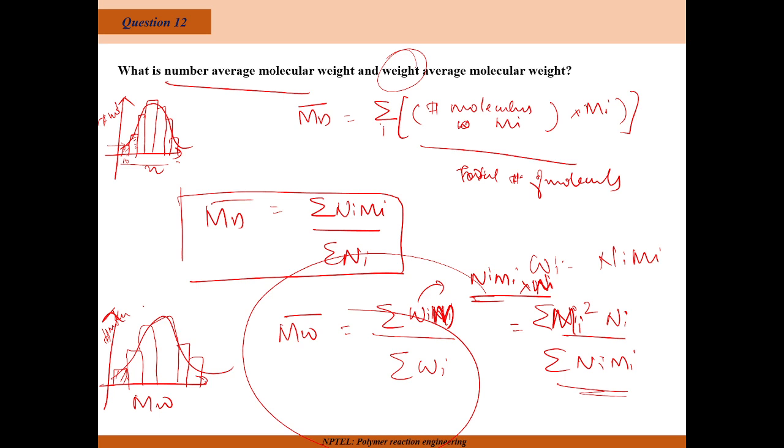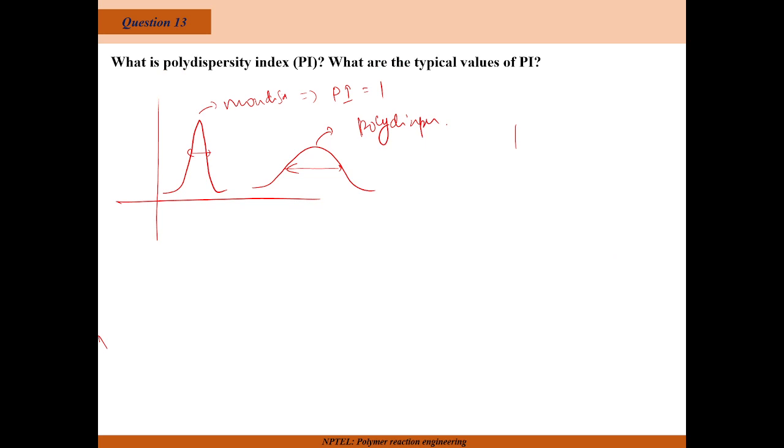Okay, so now let's move on. In the previous question, we were talking about the polydispersity index. The connection between these two questions is that the polydispersity index PI can be defined as the ratio between the weight average molecular weight and the number average molecular weight.